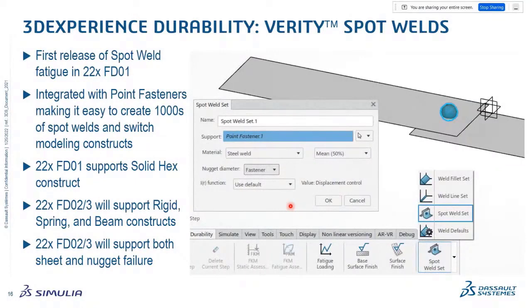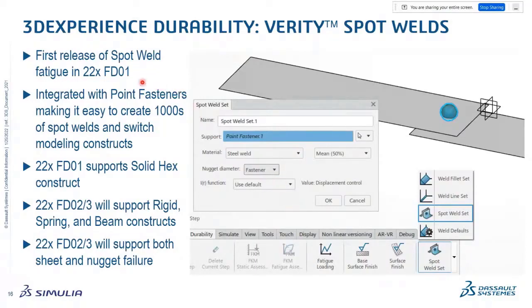So our first release of Verity spot welds, I think FD01 is coming out in about 2 weeks, will only do the ACM2 style solid hex construct today. And a couple of months later, we will support more.